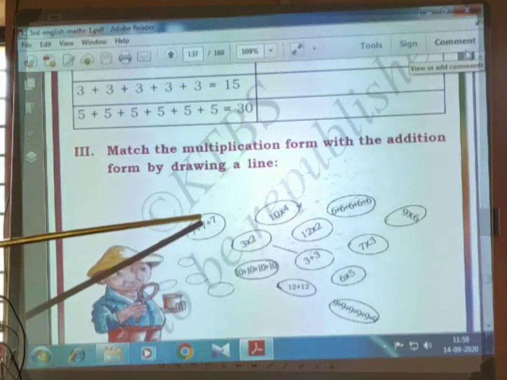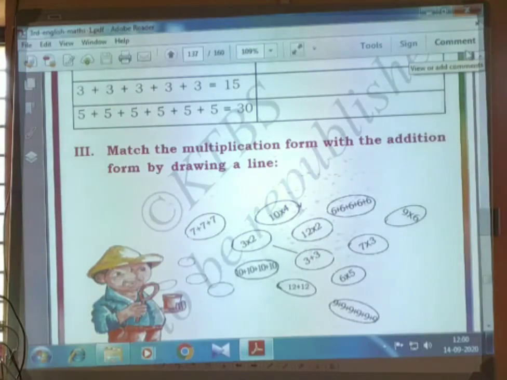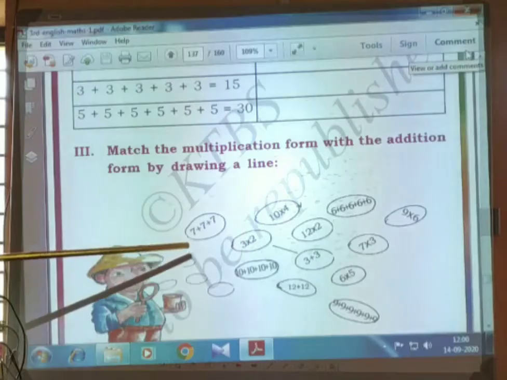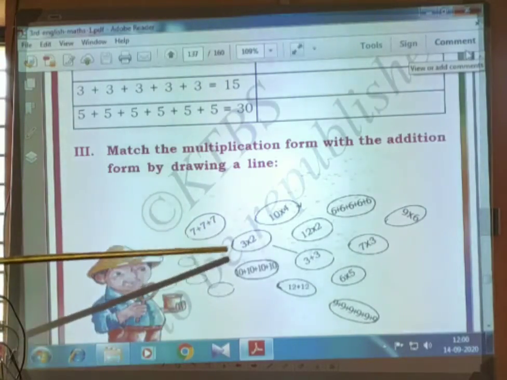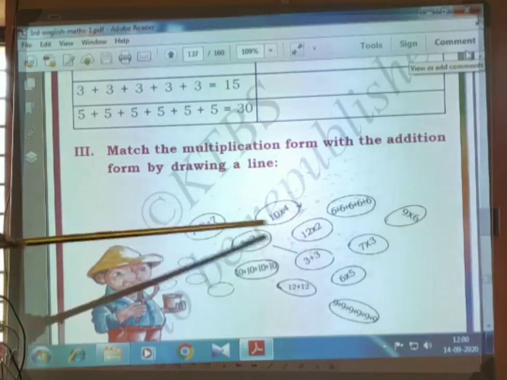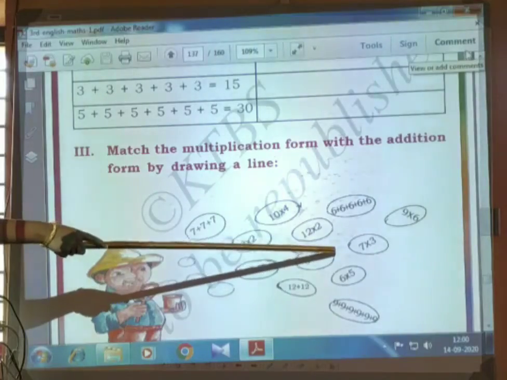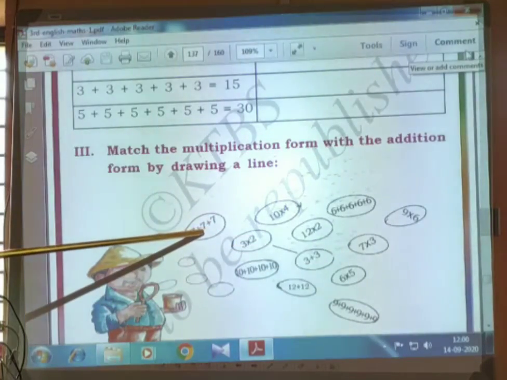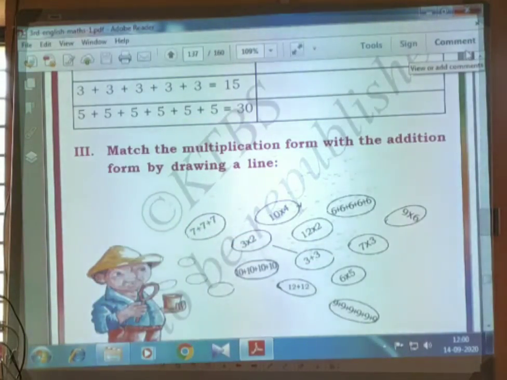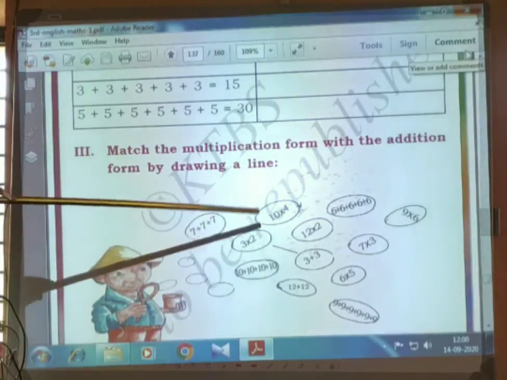7 plus 7 plus 7 is 21. 7 is how many times added? 3 times. Where is that 7 into 3? 7 into 3 is here. You have to draw 7 into 3 to 7 plus 7 plus 7. 10 is 4 times added. Then where is 10 into 4? 10 into 4 is here.